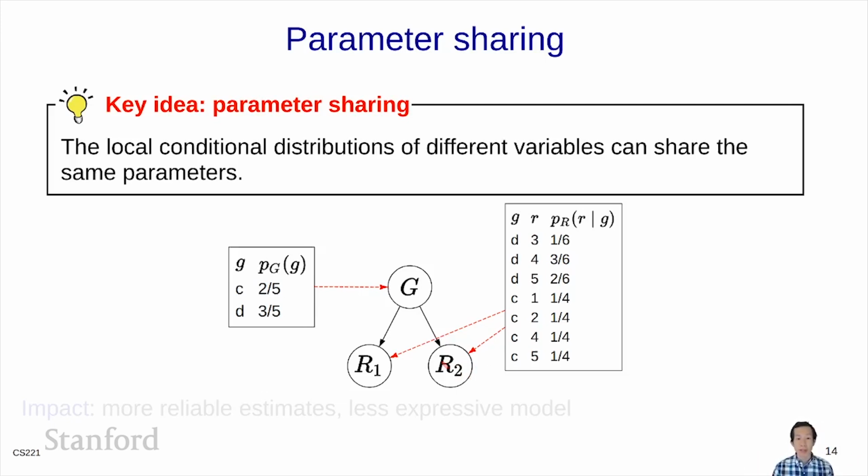When we're doing inference, you should think about that as reading from the parameters. And when you're reading, you don't care whether you have two copies of something or one copy of something because you're getting the same thing. But in learning, we're writing to the parameters from the observed variables. In that case, you need to worry about whether you're writing to one memory location or two memory locations.